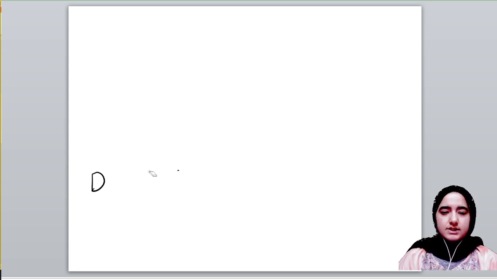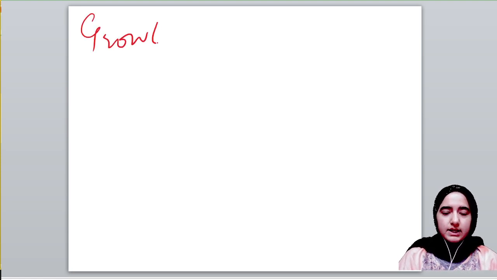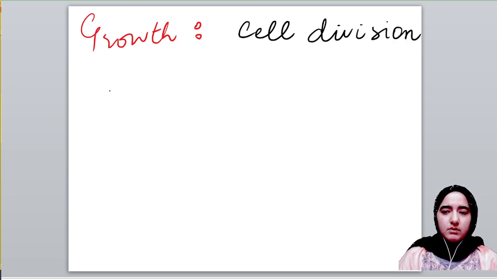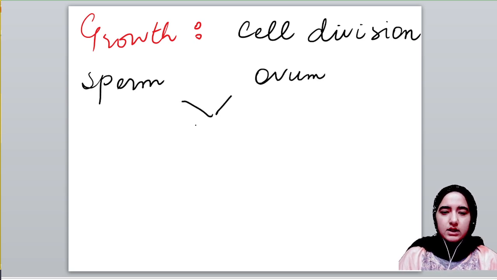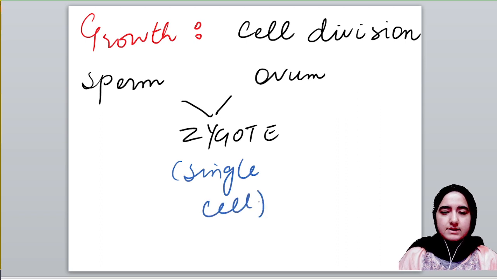As I discussed in reproduction in organisms, how does growth take place? Growth takes place by cell division. When sperm and ovum meet, they form a zygote, which is nothing but a single cell.